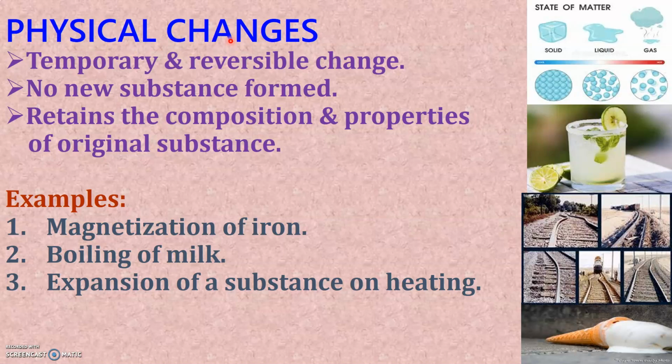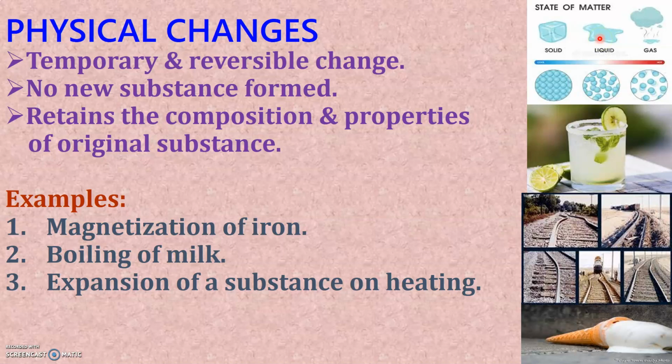Let's understand this with a few examples. What happens when we cool water? It gets converted into another form called ice. On keeping ice at room temperature for some time, we can convert it back into the same liquid.